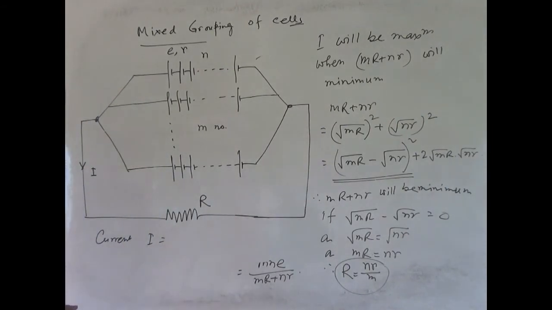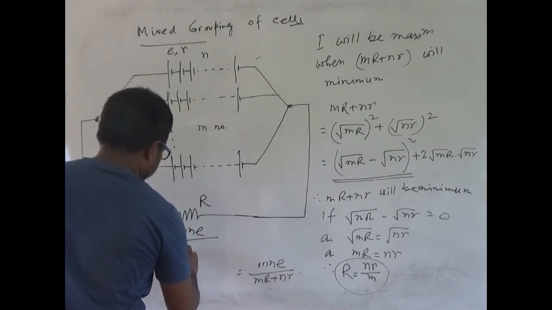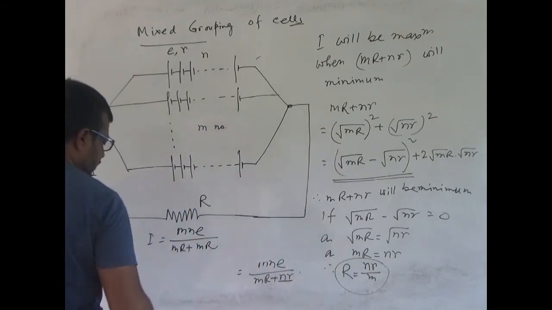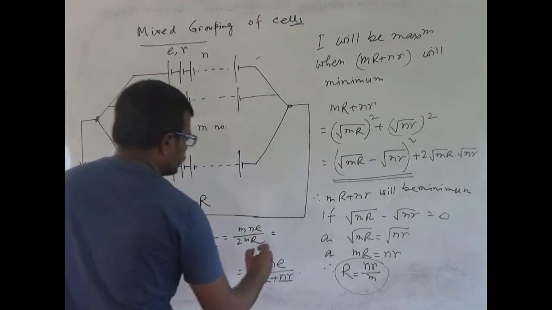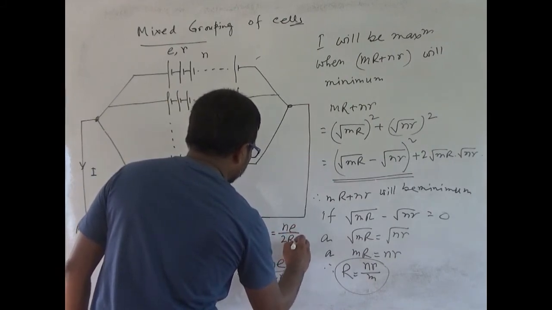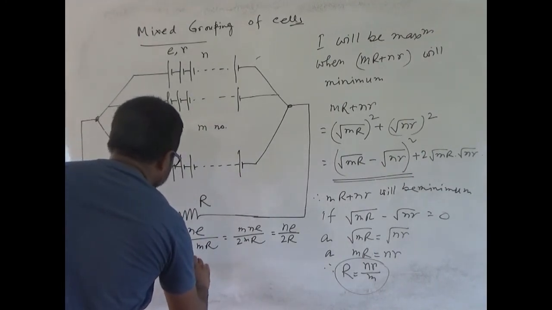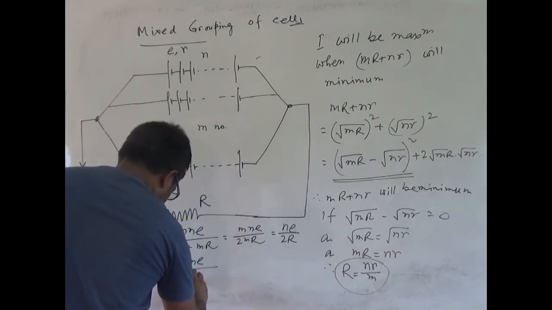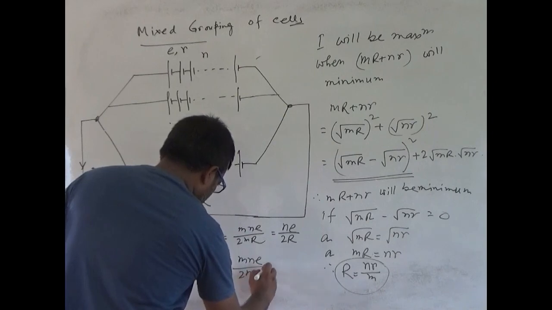In that case, the maximum current I will be equal to mne divided by 2 capital R. Or we may write this also as mne divided by, mR can be replaced by nr, then we get mne divided by 2nr.